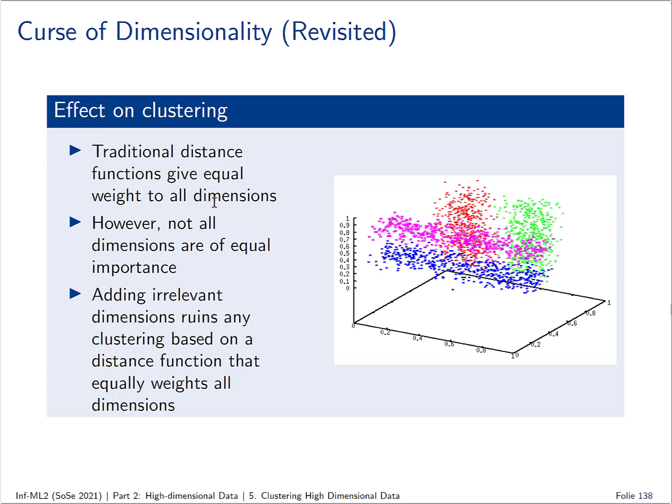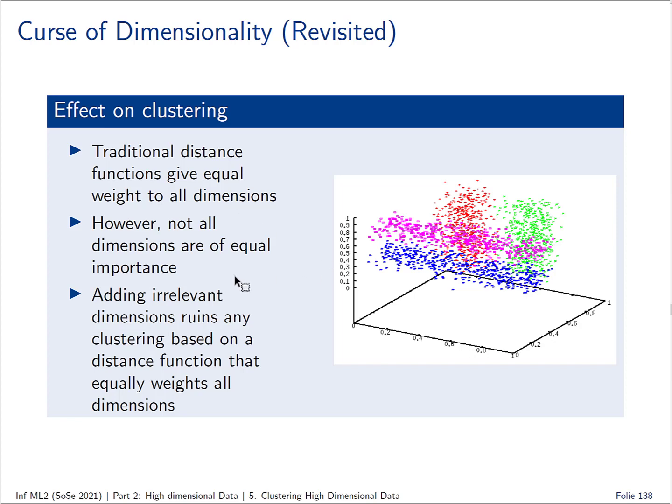That means these distance measures, and also the similarity measures that we know so far, and that is most of the stuff which is out there, just don't distinguish between relevant or irrelevant attributes. They just think that everything is relevant, so everything gets equal weight.